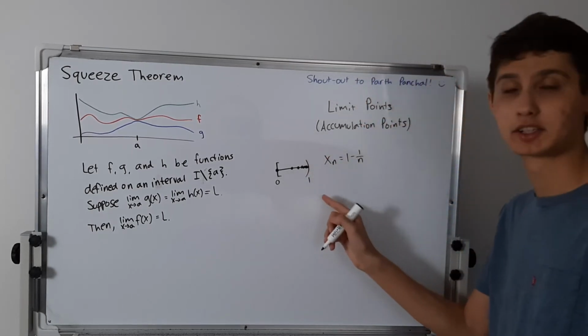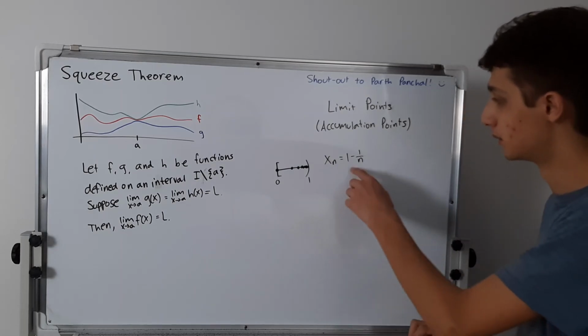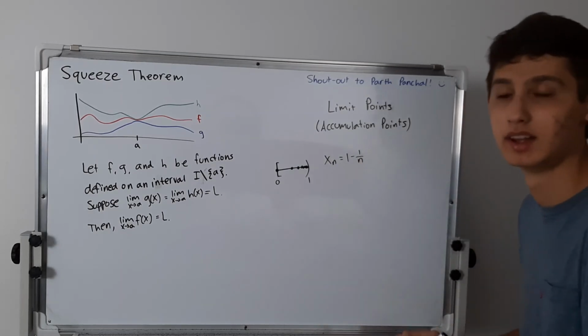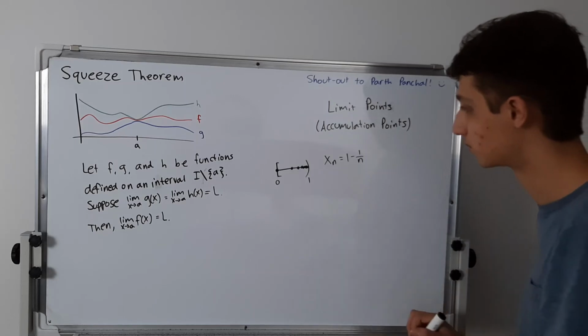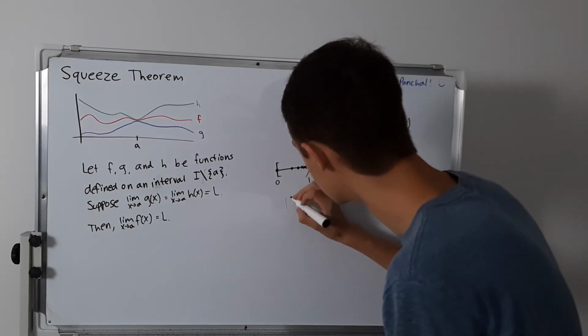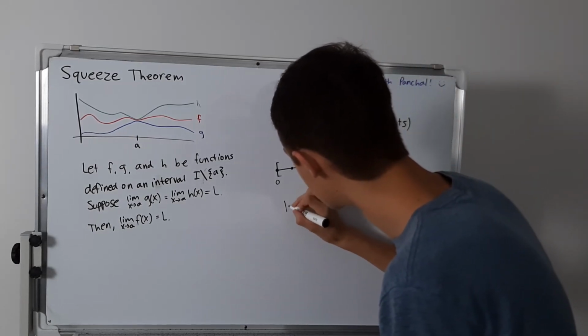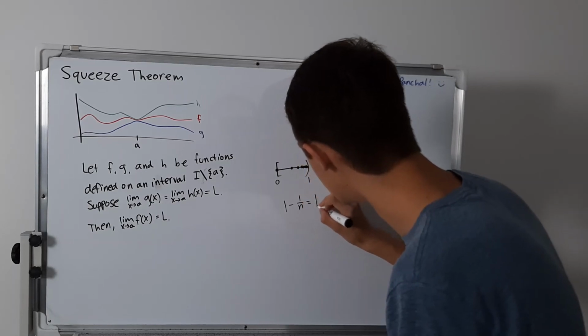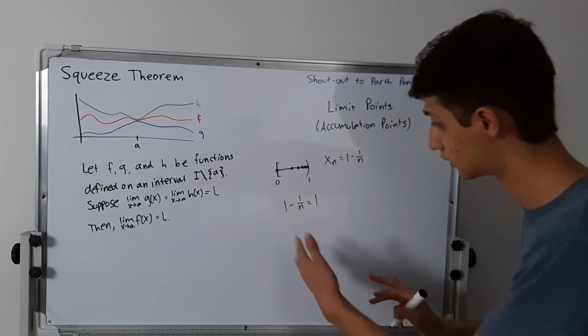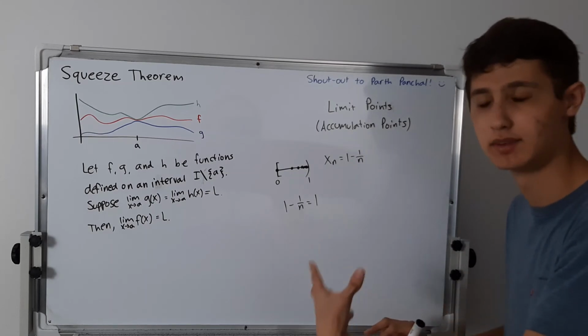Is it ever going to actually reach 1? No, because 1 minus 1 over a million is not exactly 1. We can show this. Let's first assume that 1 minus 1 over n equals 1, at some point, and we're trying to find the n value that works.